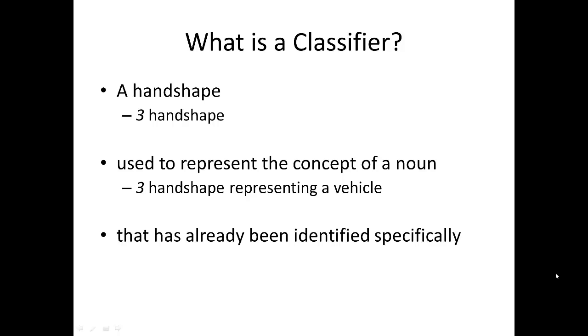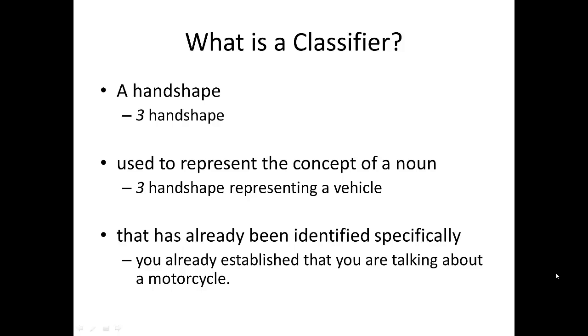And that noun has already been identified specifically. So you must establish what you're talking about before you use the classifier. So think of classifiers as the category signs or words.